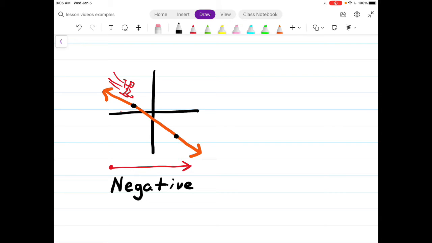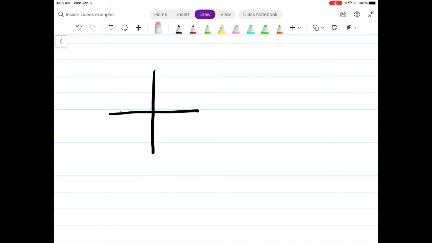Now, there will be some problems that you get to that will have lines that may be a little bit hard to figure out. So let's say you have a line and you go from left to right. It does not go up, it does not go down. It's almost like it's a flat surface.